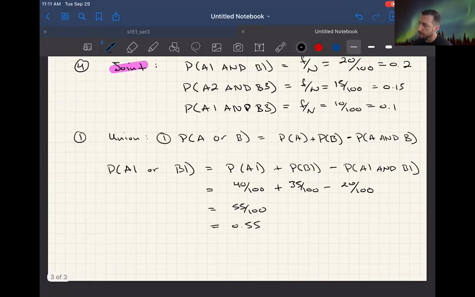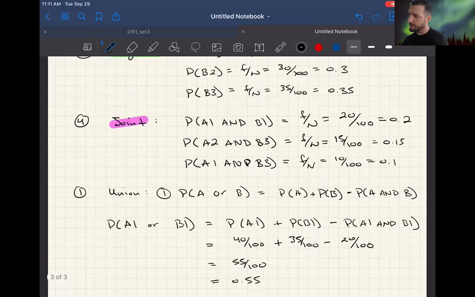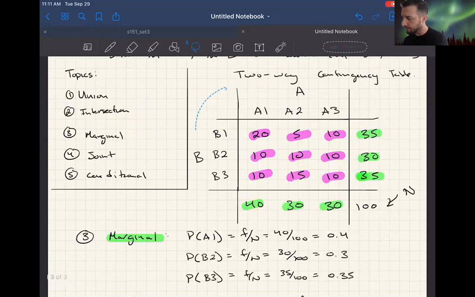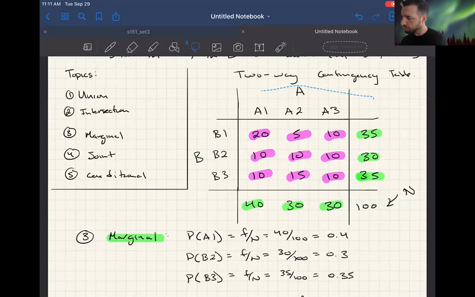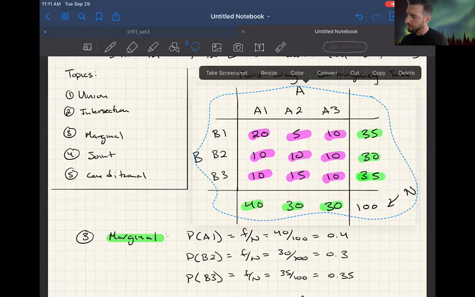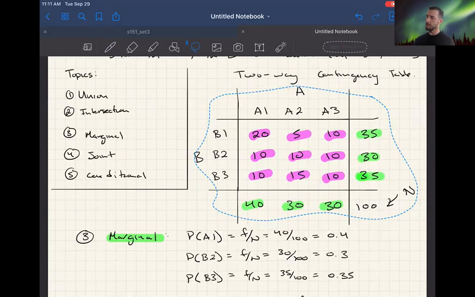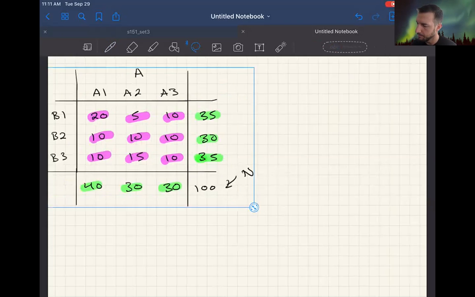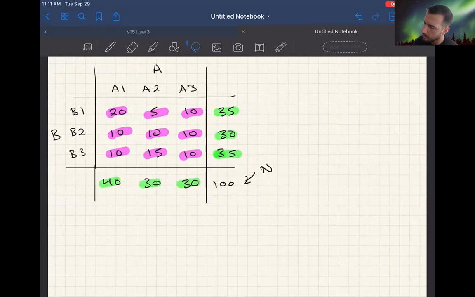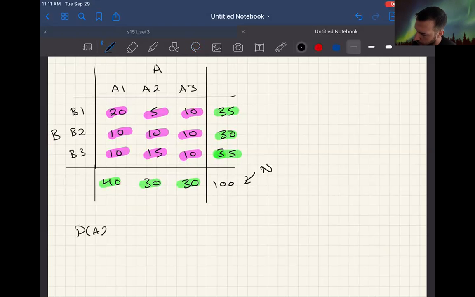Okay, let's look at another example. I'm going to just take the contingency table with us so you don't have to be shifting up and down the screen. Okay, sorry, 1 sec. Okay, so let's say that we wanted the probability of A2 or B3.